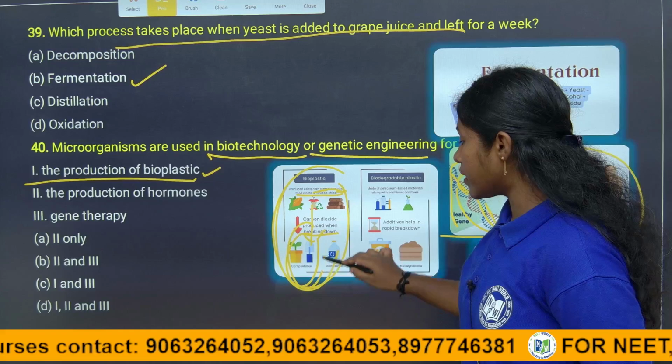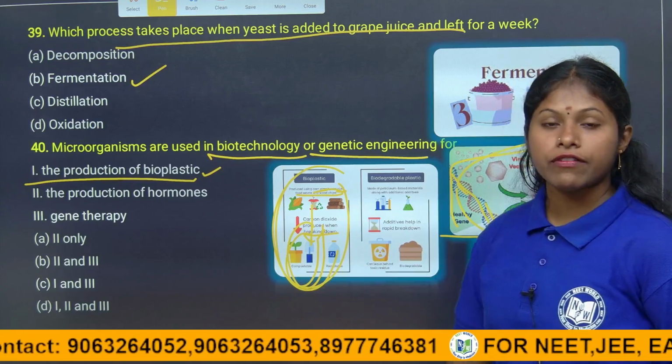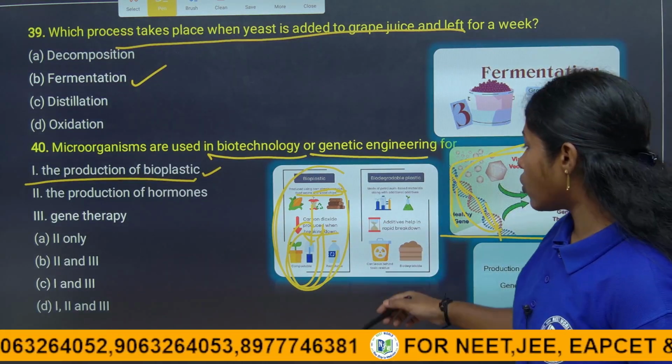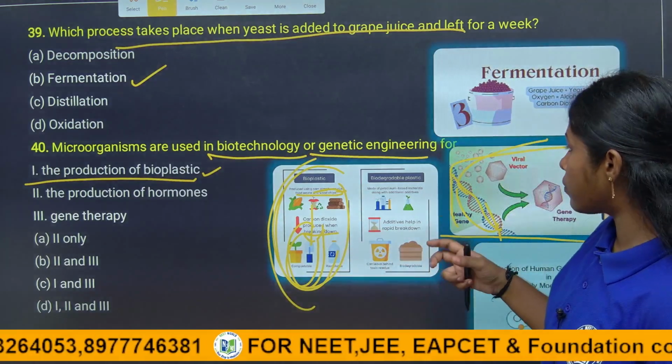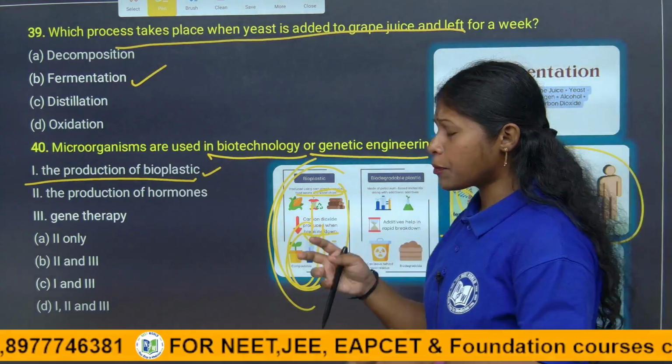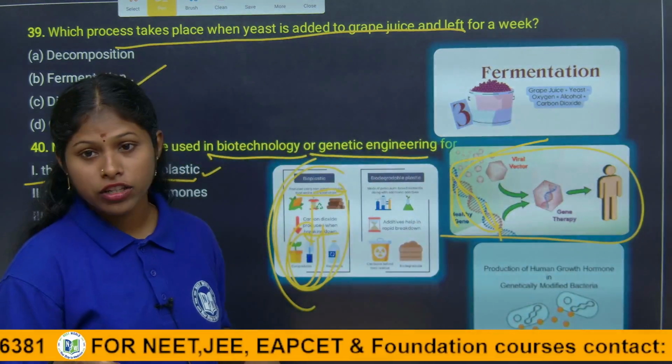So they form compost, which is helpful for the crops, right, children. So here is how recycling is happening, and the production of hormones mainly occurs through biotechnologists, children.